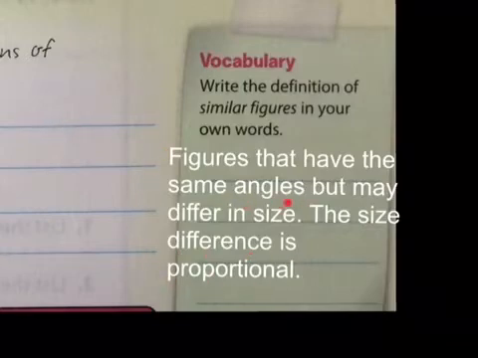The angles would be the same, but the sides, for example, can be different, bigger or smaller, but all the sides will differ proportionally. So the size difference is proportional. Each side of the square will be proportional.